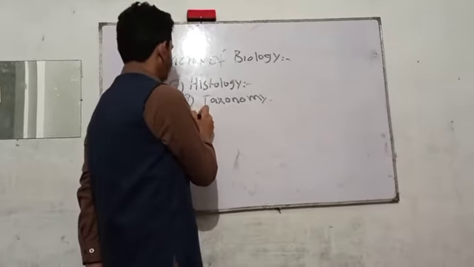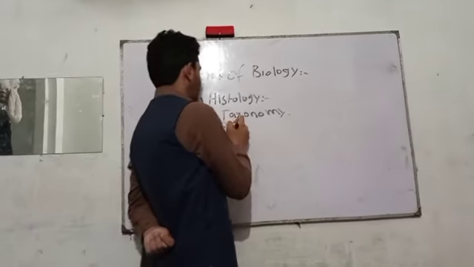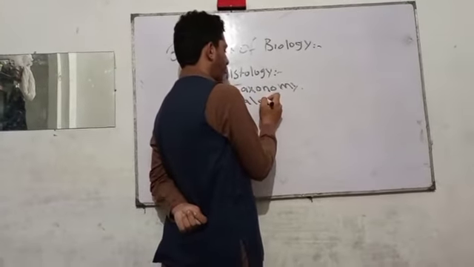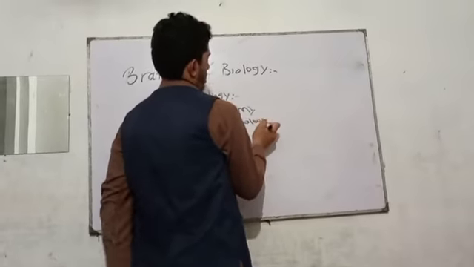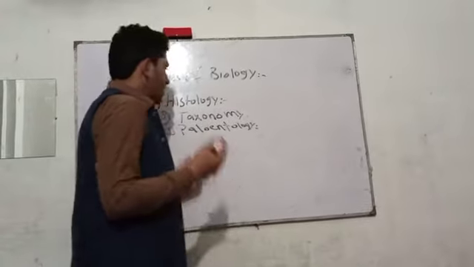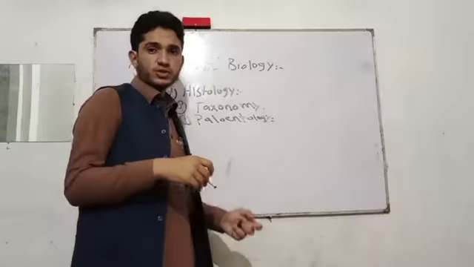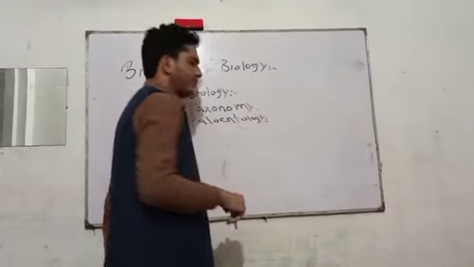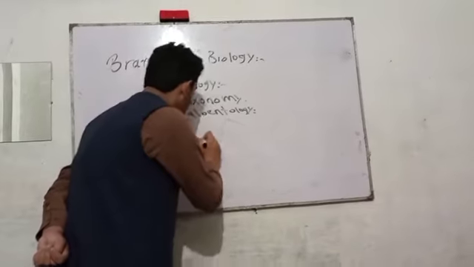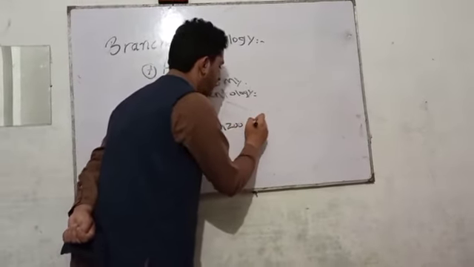Number 9, paleontology. Paleontology is the study of the fossil record, for example dinosaurs. Paleontology is further divided into two branches: paleozoology and paleobotany.